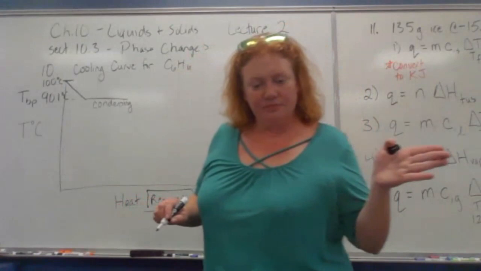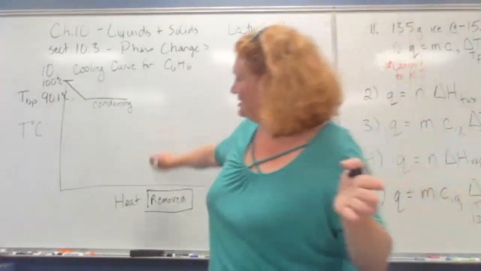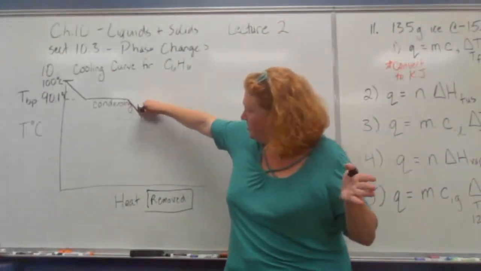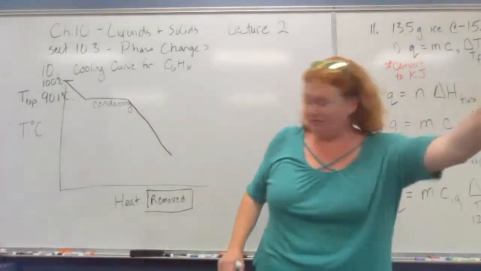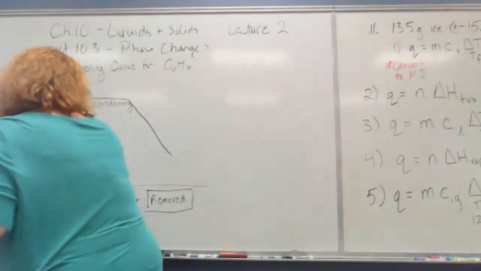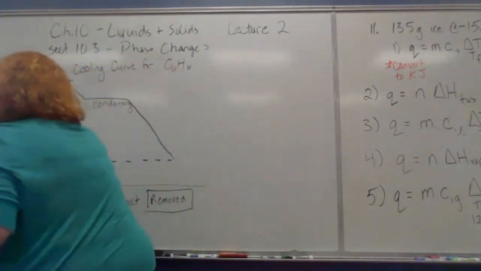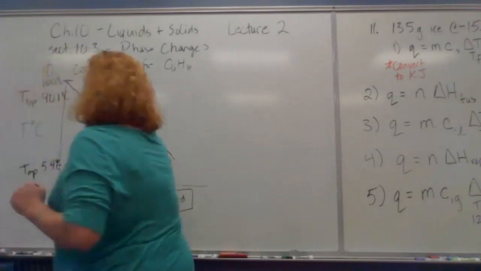Then what happens next? I still have to go down to 0. Now I have liquid and it's cooling until what temperature? Very good. What's the melting point for the substance? 5.4 degrees C. You have to label your melting point on your curve.